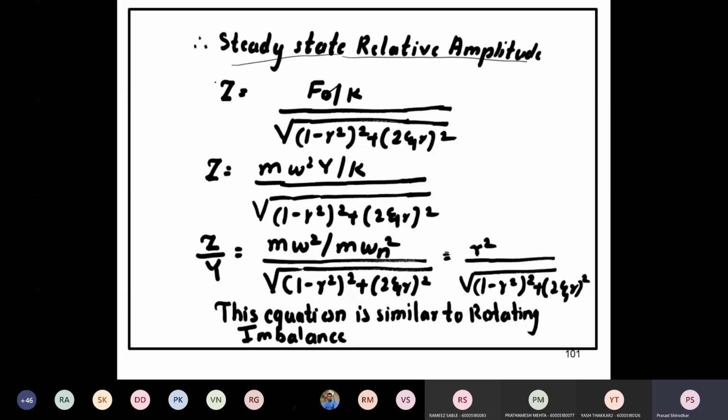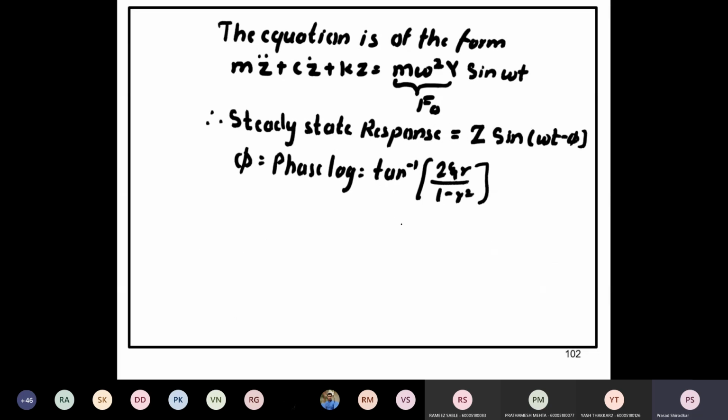Earlier one was the steady state absolute amplitude, and this is the steady state relative amplitude, and this reduces again to the form of r square upon square root of (1 minus r square) whole square plus (2 zeta r) whole square. The phase lag for relative amplitude will be tan inverse of 2 zeta r upon 1 minus r square.